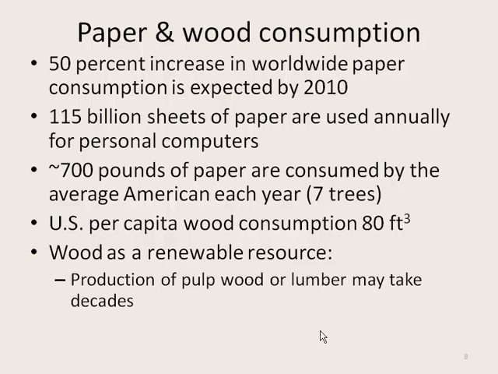So the turnover rate and the harvesting and production rate of trees is far longer than, say, routine vegetable crops or things that are grown on an annual basis. So if demand is increasing, there is a corresponding need to increase the amount of acreage of trees being harvested to keep up with that demand.